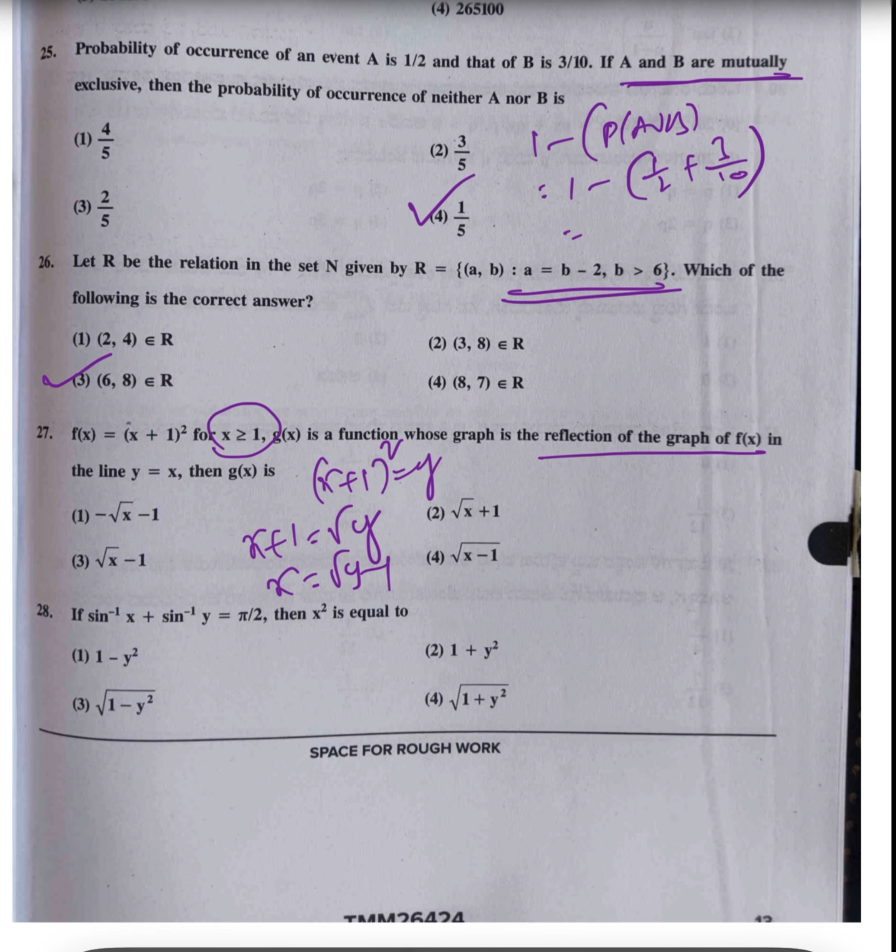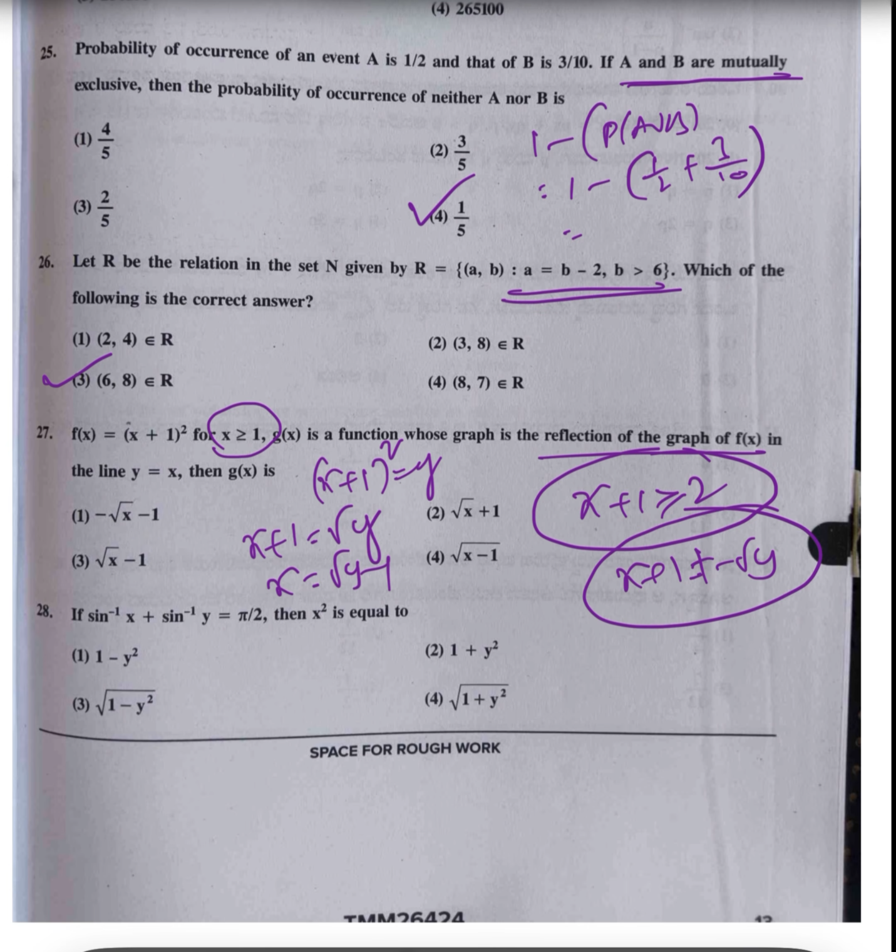Actually it is plus or minus root y, but in case x is greater than or equal to 1, we'll get only the positive. We won't get the negative root, because anyway x is greater than or equal to 1, x plus 1 is greater than or equal to 2, so x plus 1 should not equal minus root y, right? So the answer is 3.